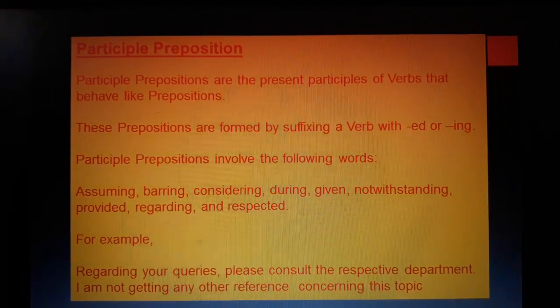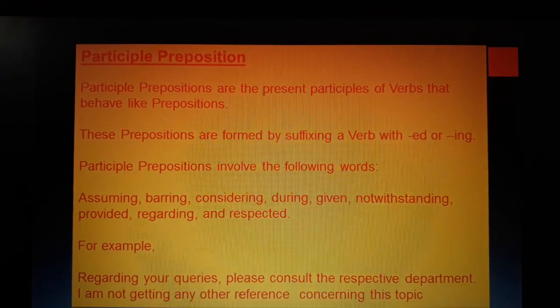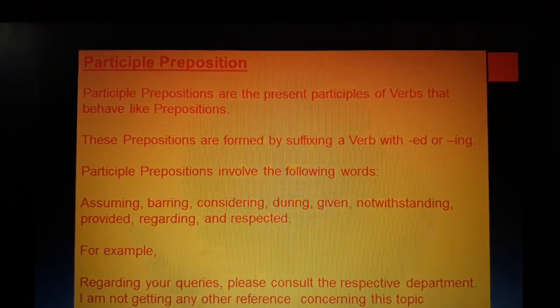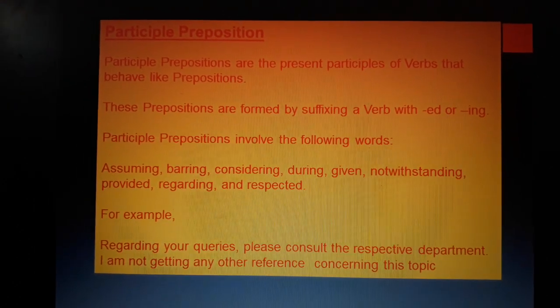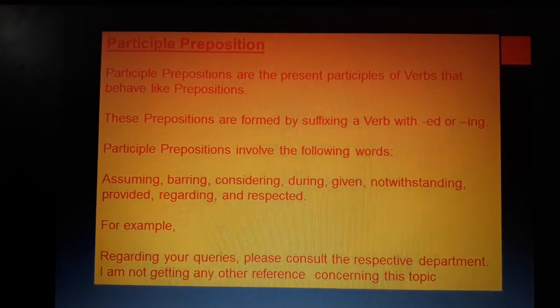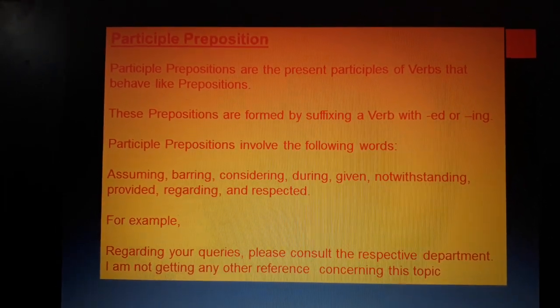We can take an example like: considering what he had to work with, he did a pretty good job.